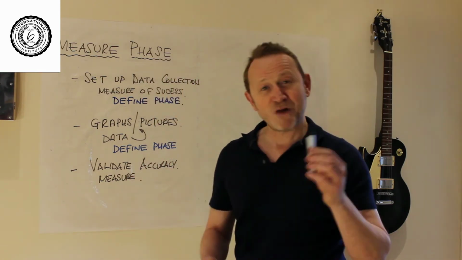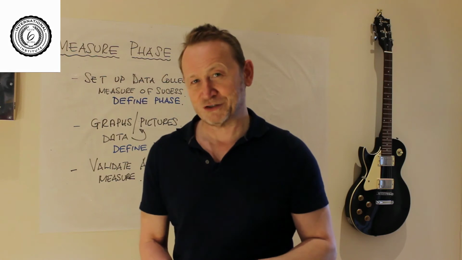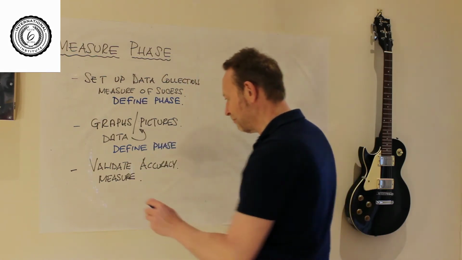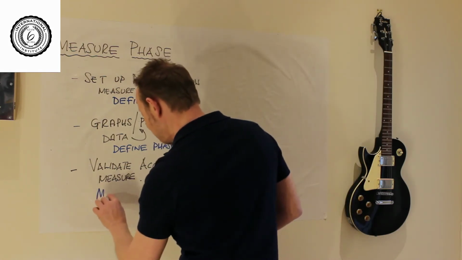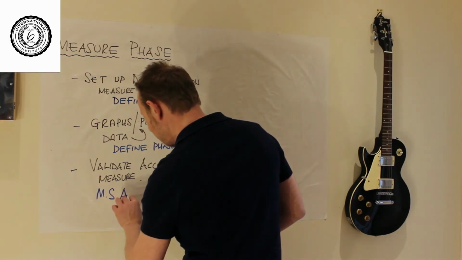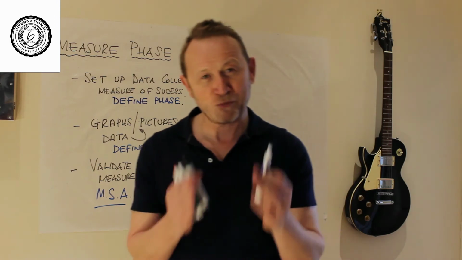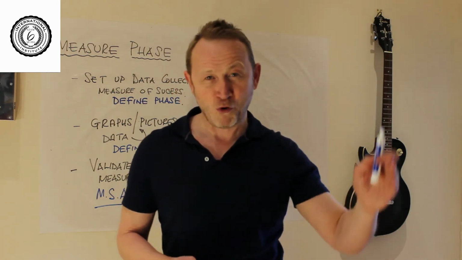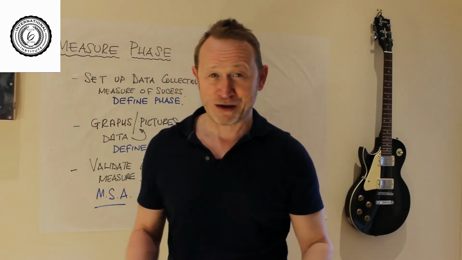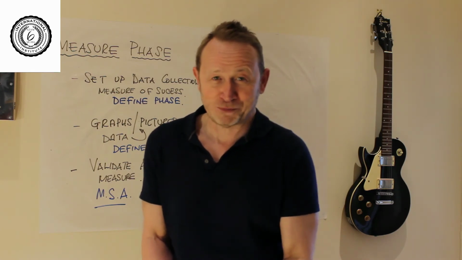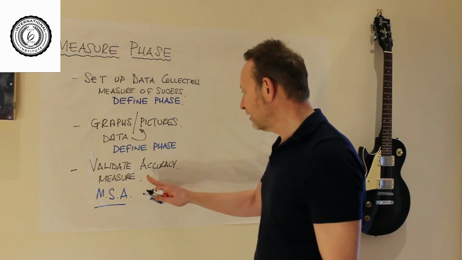What this might mean is that you have to do an MSA, a measurement system analysis. And of course if the MSA tells you you've got a problem, then job one is to fix that problem, because if you can't measure it properly, you can't do the project.